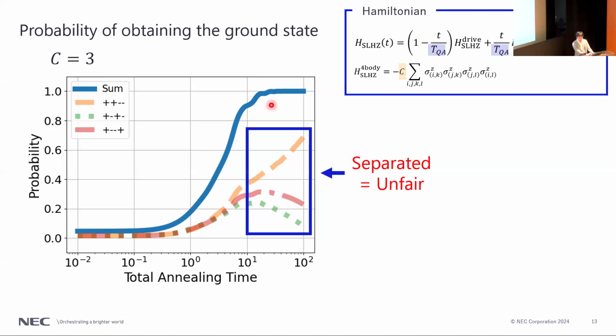If you look at the area on the right, where the quantum annealing time is long, you can see that the orange, red, and green lines are separated. According to these results, the ground state of the orange line appears frequently, while the ground state of the green line does not appear very often. In this case, the sampling is unfair.